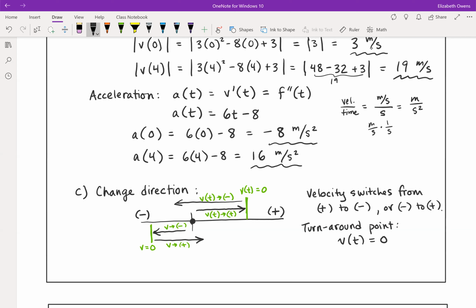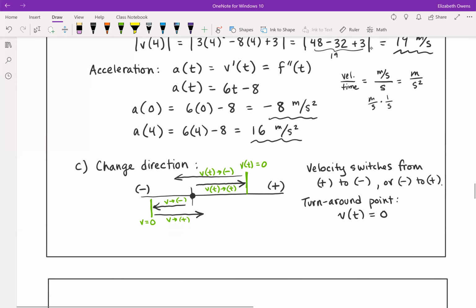So that's what we're going to look for. We're going to look for places where the velocity is 0 and then see at those points if we get a switch in velocity, or if maybe the object was just going in one direction, stopped for a second, and then kept going in that same direction. That's what we want to look at here.